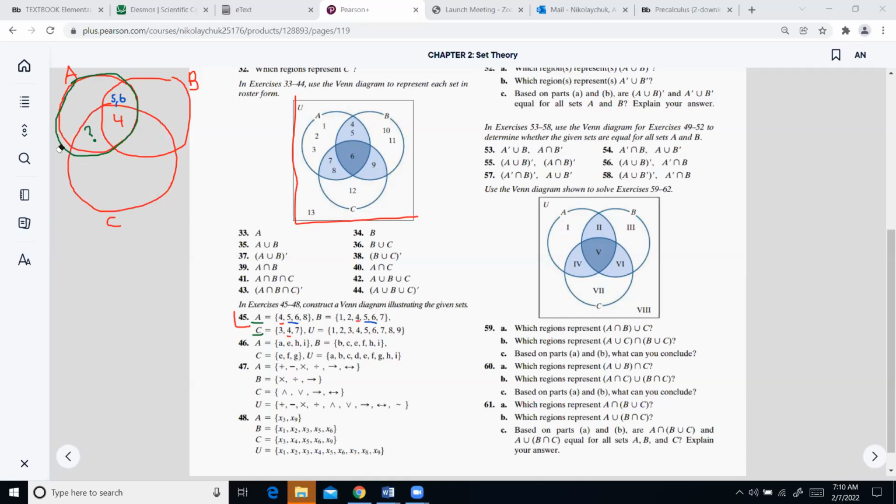So now I'm gonna consider the last pair of sets, and those would be sets B and C, right? So now I'm gonna think of set B as well as set C right there, and see what happens with those two.